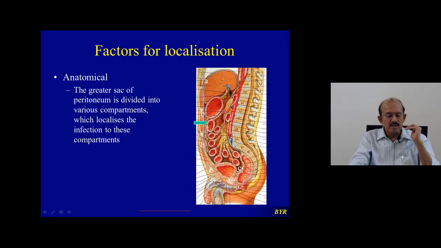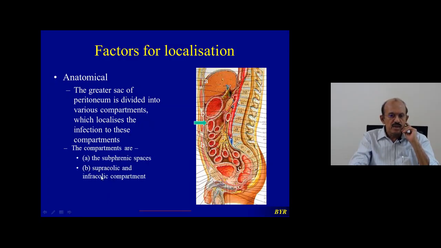Then there is another space, the pelvis. So the compartments are the subphrenic space, supracolic and infracolic compartments, and the pelvic space.